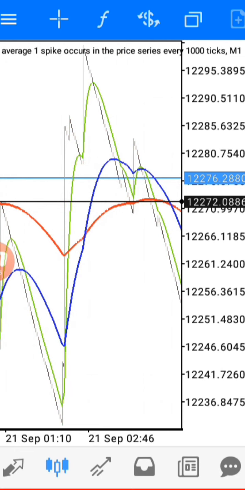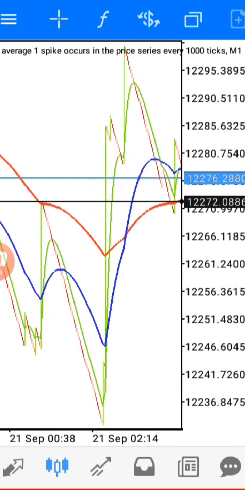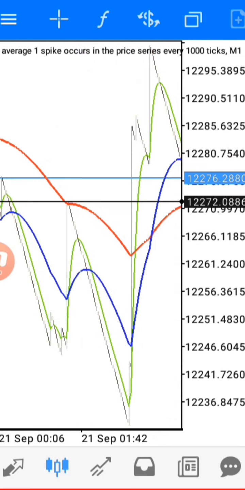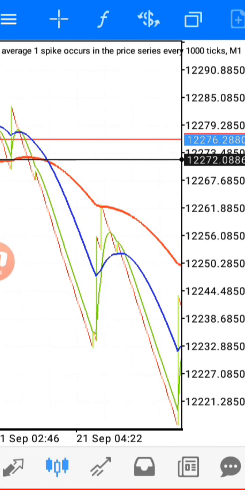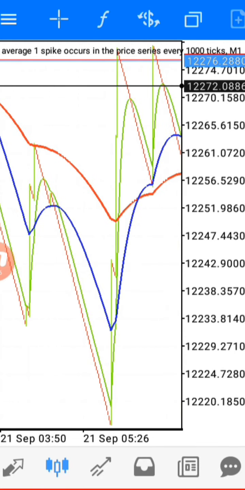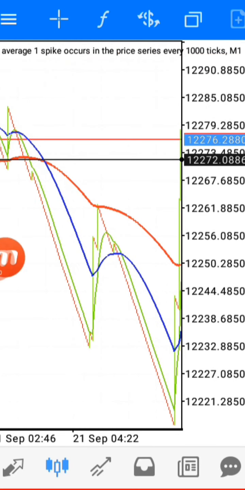Actually, most times the market rejects when it gets to the 200 EMA, and the 200 EMA somehow shares the market. It tells you where the bulls are in control and where the bears are in control. If the market is below the 200 EMA around here, it shows that for this moment the bears are in control of the market.